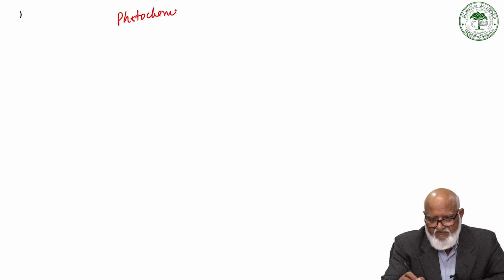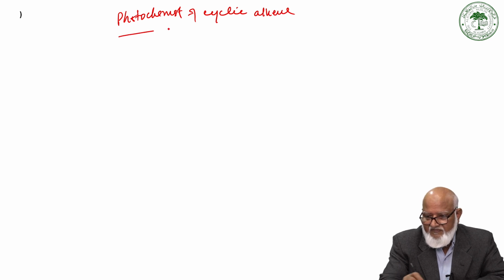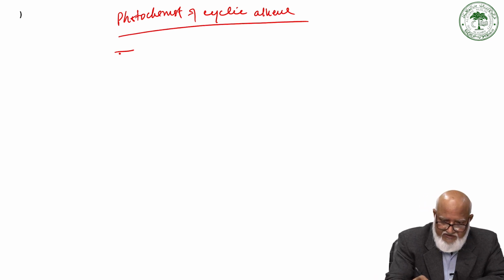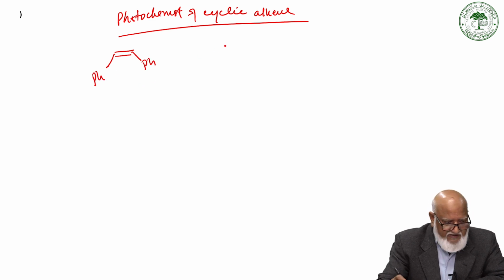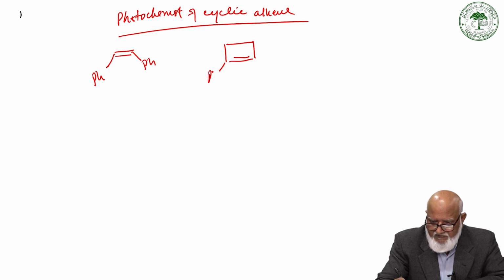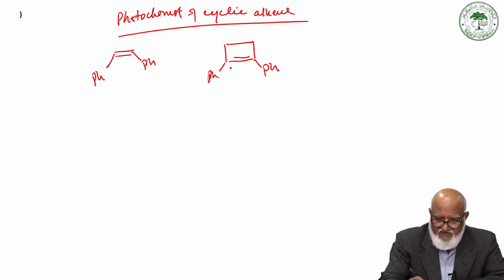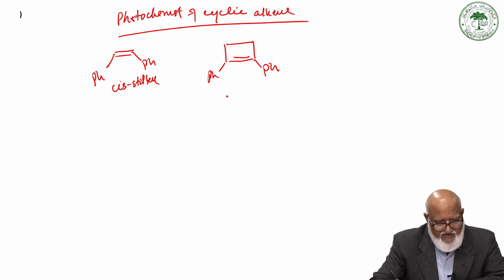Photochemistry of cyclic alkenes. Here is an example of cis-stilbene, and this is 1,2-diphenyl cyclobutene.